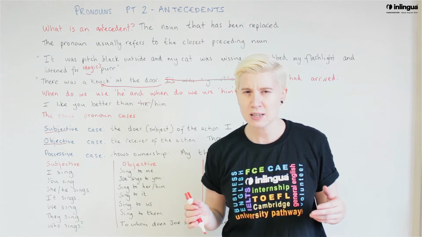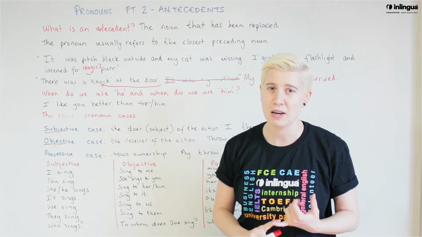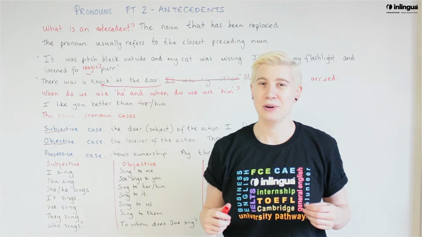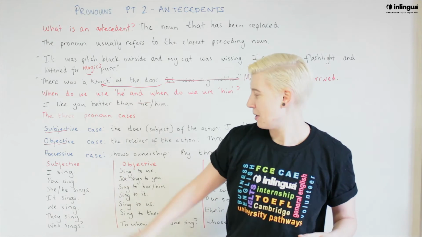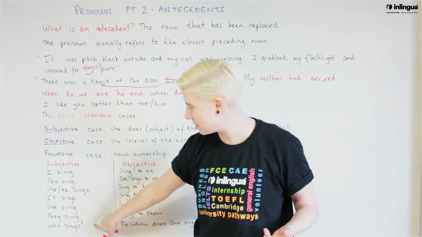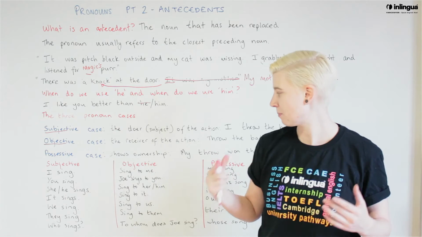Who sings? This is pretty easy. These are the pronouns that you learn first and the ones that people tend to use also for the objective case. Subjective case, your verb, you have to change the verb sometimes. I, you, she or he, it, we, they, who.